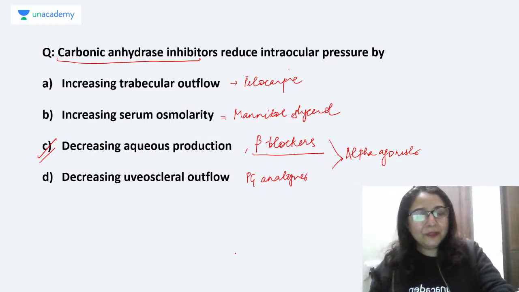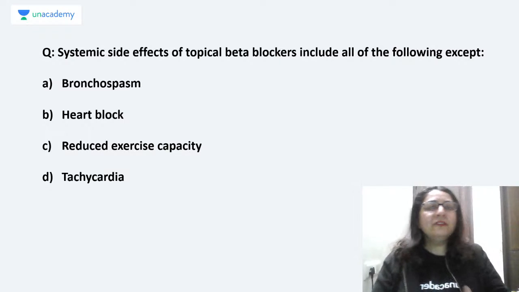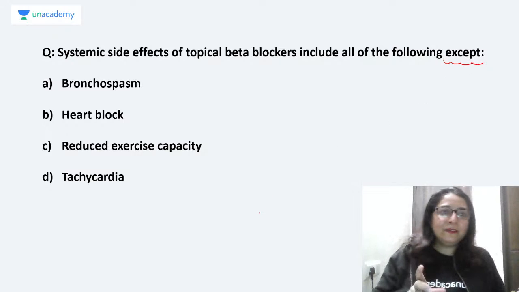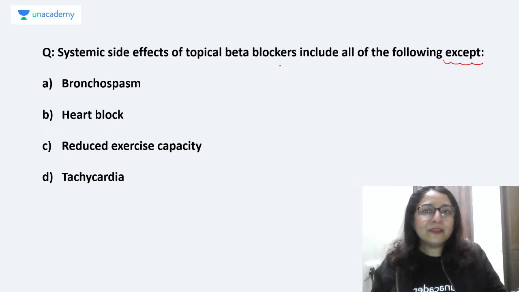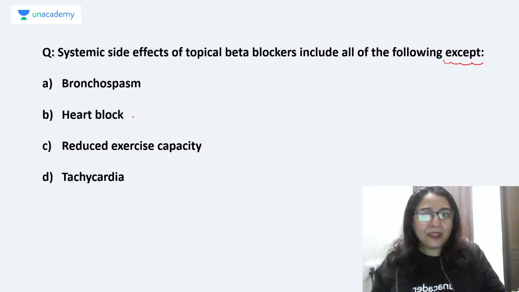Okay, coming to the next question. Systemic side effects of topical beta blockers include all of the following except: bronchospasm, heart block, reduced exercise capacity, tachycardia.